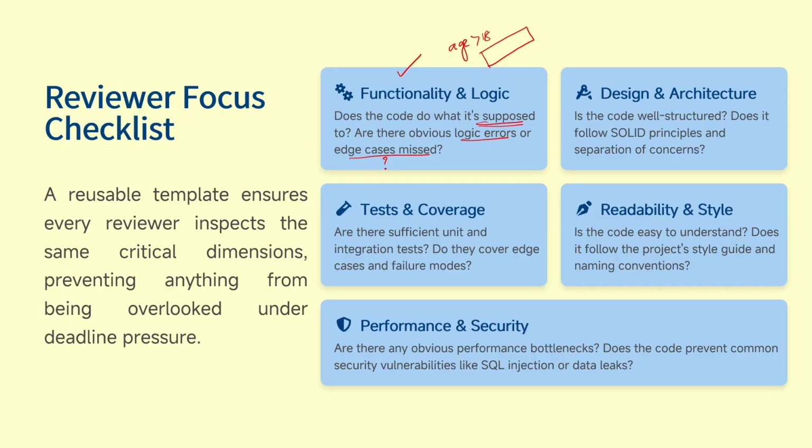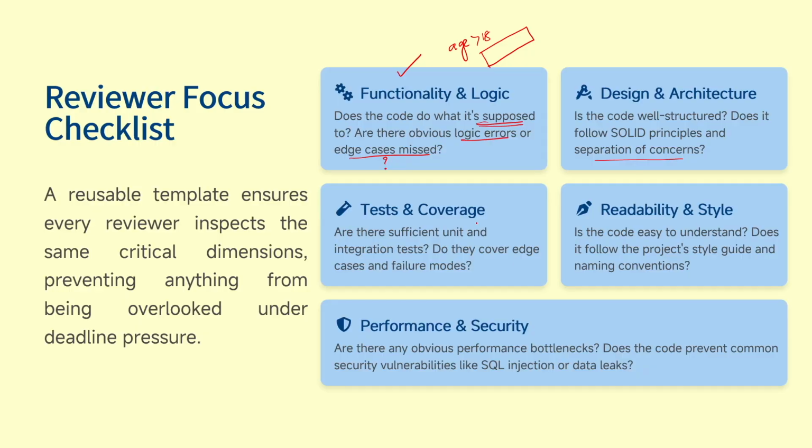But whether this software has taken the correct option of design and architecture or not, based on that, the code is well structured or not. Okay. So whether it has the separation of concerns. Okay. So everything will be checked in design and architecture. So whether it is suitable for the problem.